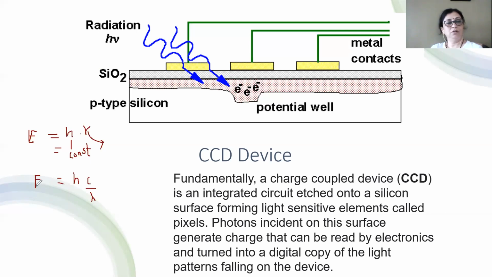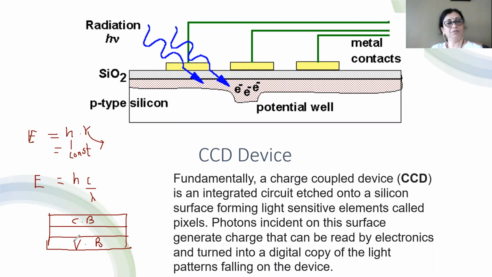So in the case of a semiconducting device, as we have seen, two bands come into the picture as far as its conductivity is concerned: the valence band and the conduction band, separated by an energy band gap of the order of 1 electron volt.